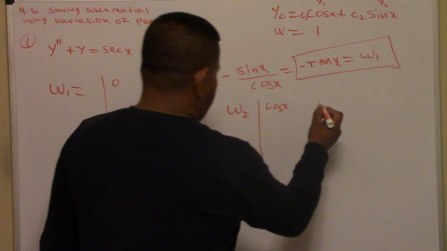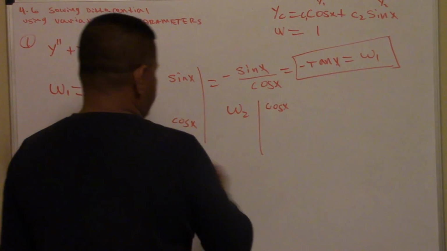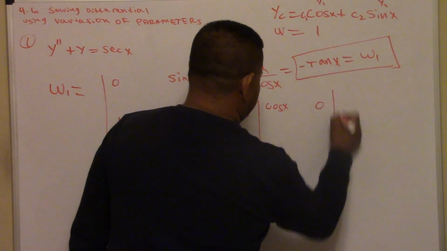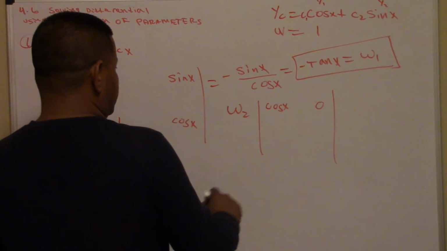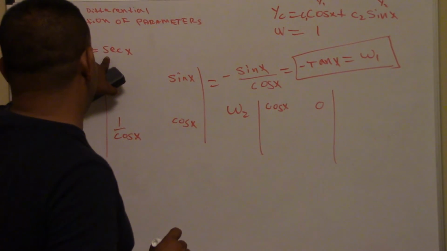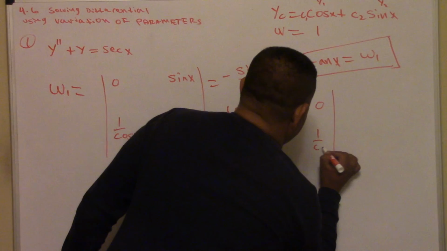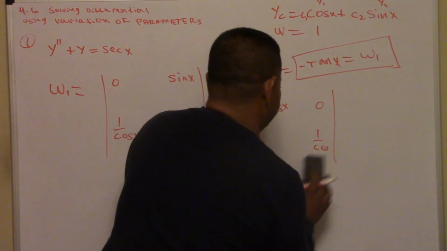And what is y2? Well, y2 is supposed to be substituted by 0, so I put 0 in there, right? And then below 0, we get the secant. Secant of x can be written as 1 over cosine.